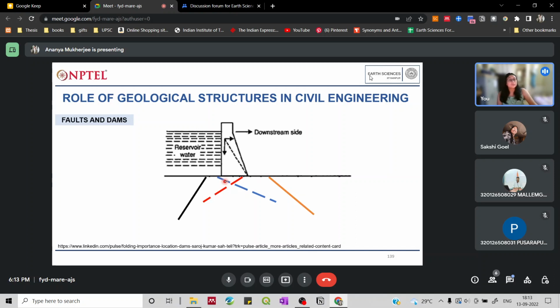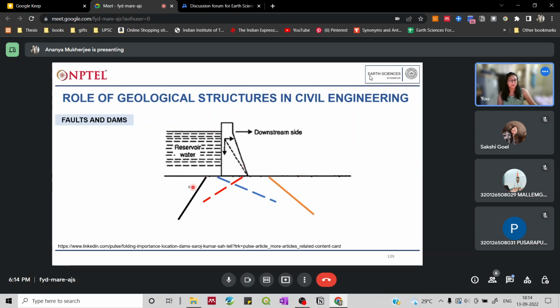Now if we consider faults and dams, you can see that this fault, the black one, and the orange one, are situated away from the dam structure. Also, considering that these are not active, like right now deformation is not happening along these faults, only then would these not cause damage to the dam structure.